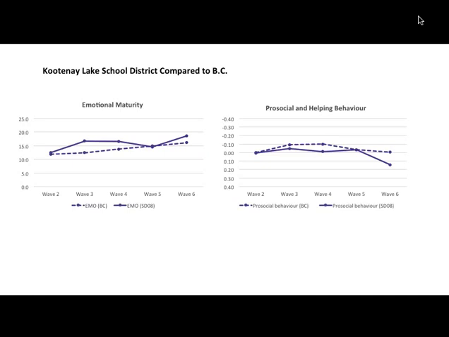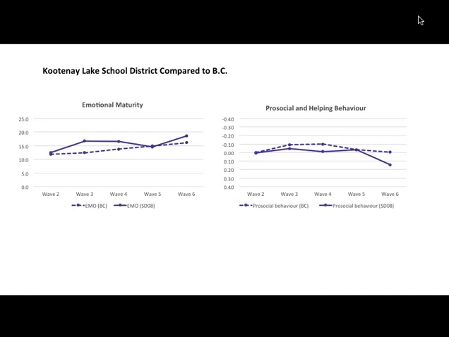Well, it starts off a little higher in the early waves in terms of the overall scale, and in the last two waves it's been somewhat similar. So it tends to be a little bit worse than the province, but sometimes the difference is larger, sometimes it's not very large. Overall, the pattern for Kootenay Lake from wave 2 to wave 6 is for emotional maturity to have gotten worse.